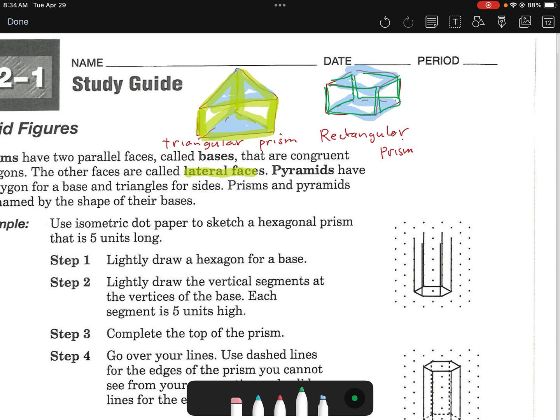Now, I can keep going with this. I could have a pentagonal prism. Again, I'm a professional. It's going to take time for you guys to learn how to draw something like that.